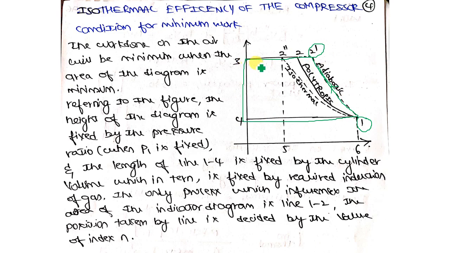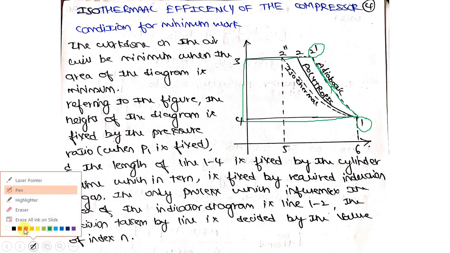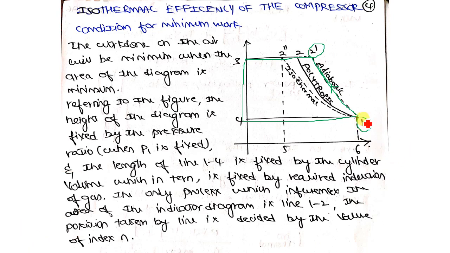Now if I go from process 1 to 2 in an isothermal way, that means this is the thing, guys. Now I am going to conduct the air compression process in an isothermal way. That means the work that I should input to the air compressor is given by the area which I have just hatched.